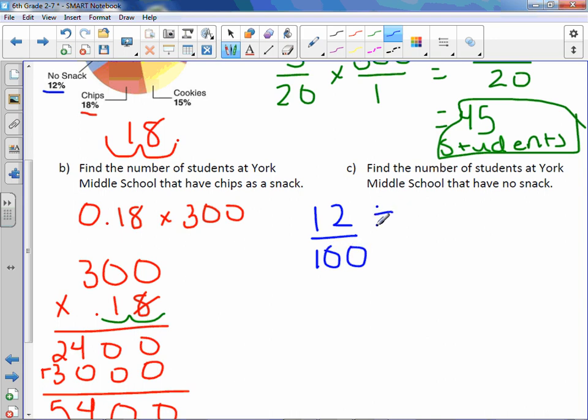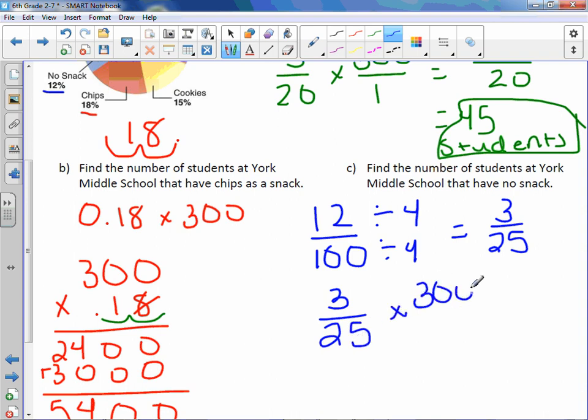Reduce it. I can divide by 4. We get 3/25. Now take that fraction, 3/25, and multiply it by our total amount, which in this case is still 300. 3 times 300 is 900. 25 times 1 is 25.